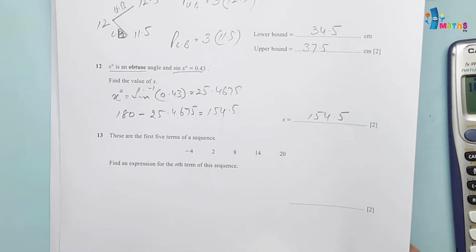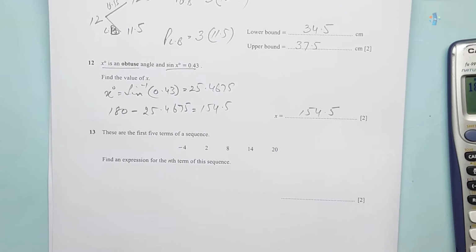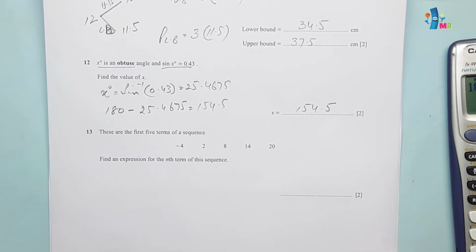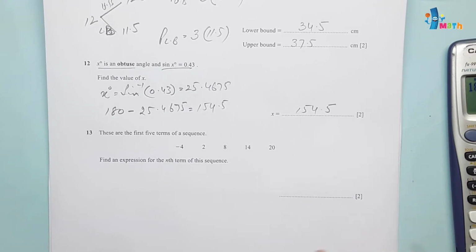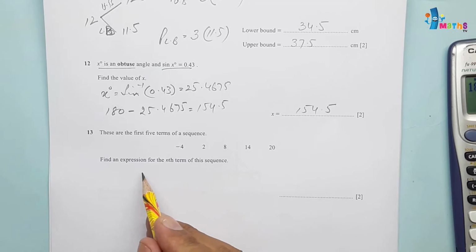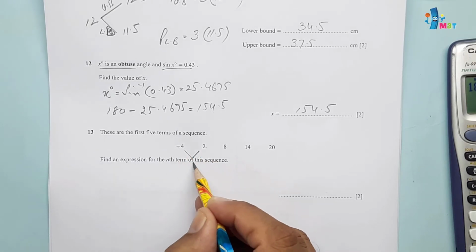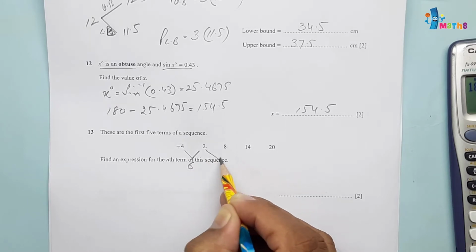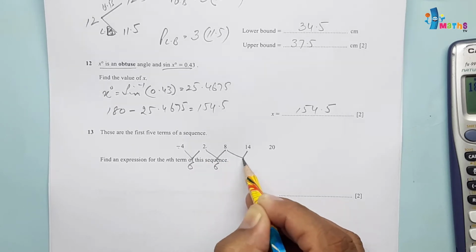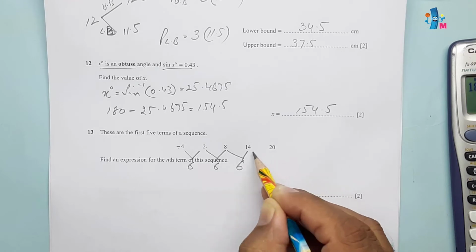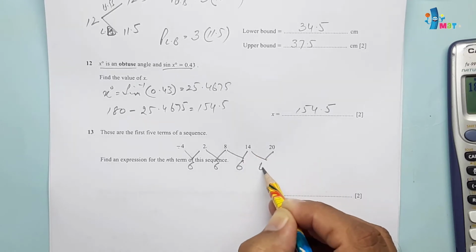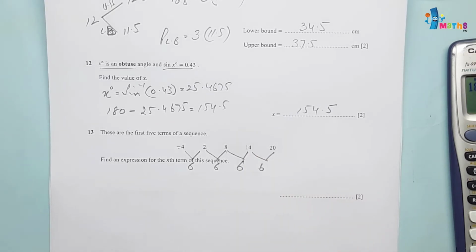Question number 13. These are the first 5 terms of a sequence, and we have to find the expression for the nth term. If we check the difference, 2 minus this will be 6. Similarly, 8 minus 2 will be 6. 14 minus 8 will also be 6. And 20 minus 14 will be 6. So the first order difference is 6.